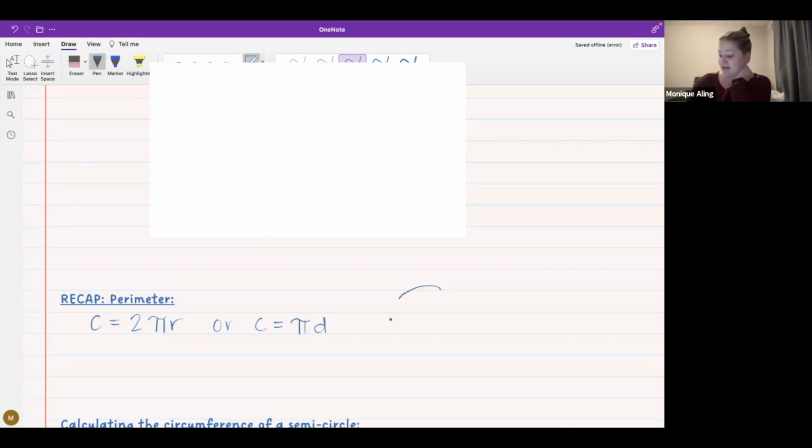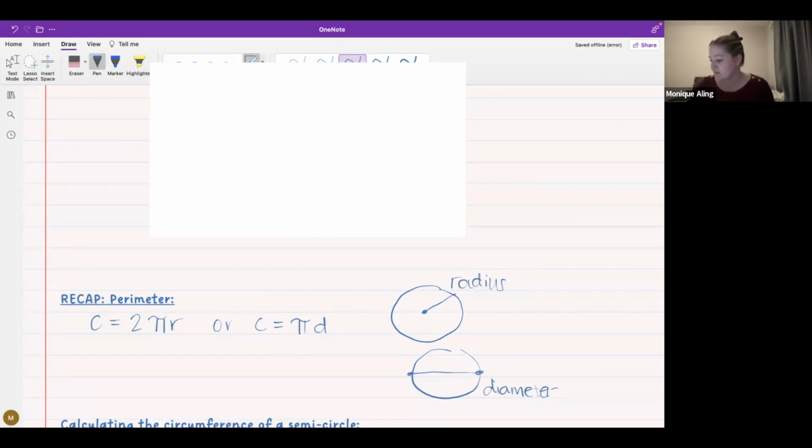And just to remind ourselves, when we deal with circles, from the midpoint to the edge, that is called our radius. And if we are looking from one edge of the circle to the other, that is our diameter. So if we have the diameter and we need the radius, we could just say diameter divide by 2. Okay.